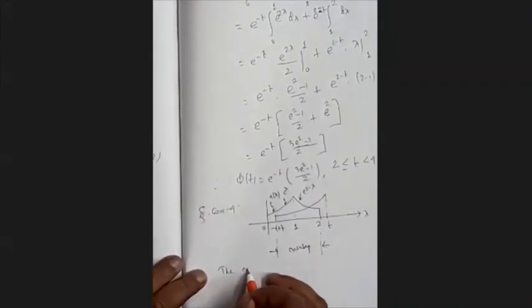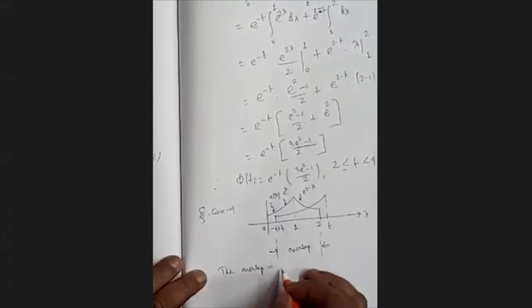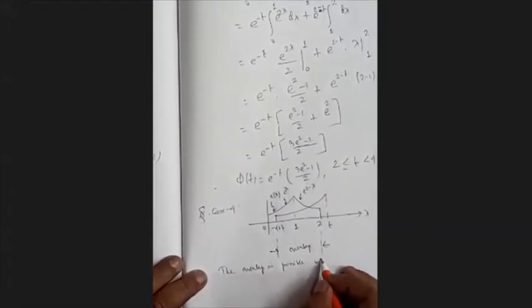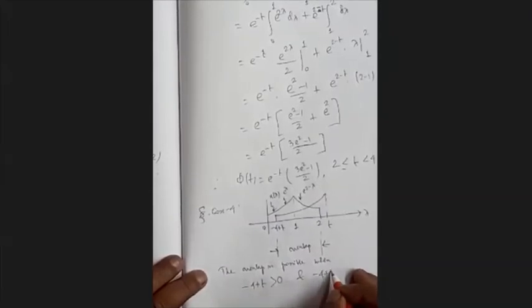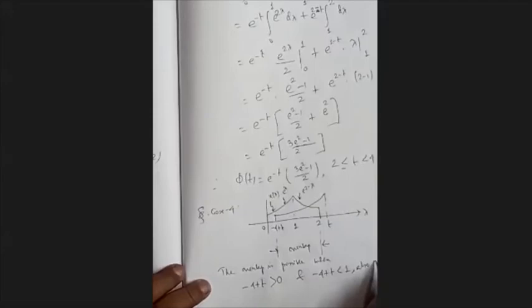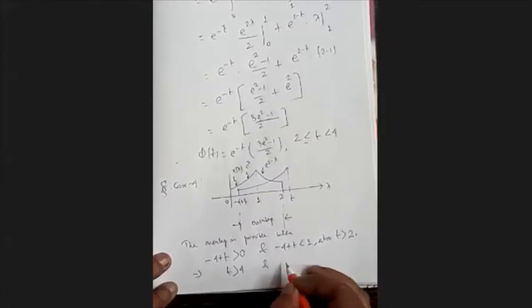The overlap is possible when minus 4 plus t is greater than 0, and minus 4 plus t is less than 1. And also our t is greater than 2. Let's identify the case. T is greater than 4 and t is less than 5 and t is greater than 2.